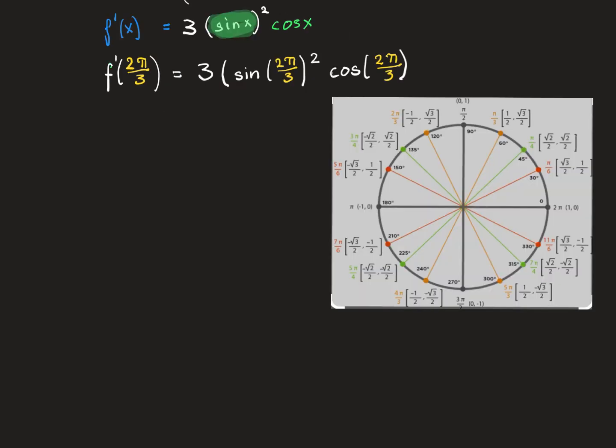Well, you definitely do not need to draw all of these, but you need to realize that if pi is 180 degrees, then pi on 3 will be 60 degrees, and 2 pi on 3 will be 120 degrees.